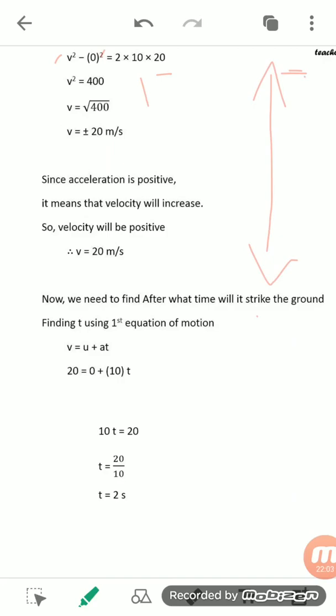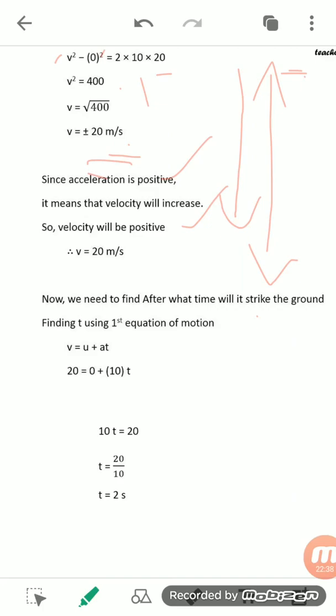So v square is equal to 400, or v is equal to the square root of 400, which will be equal to 20. So the final velocity is 20 meter per second. Since the ball is coming down, in the downward direction, the acceleration will be positive, so the velocity increases, or we can say the velocity is also positive.